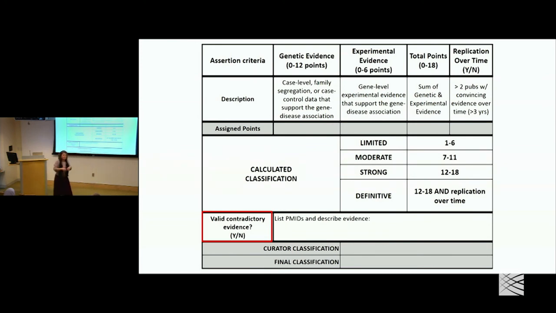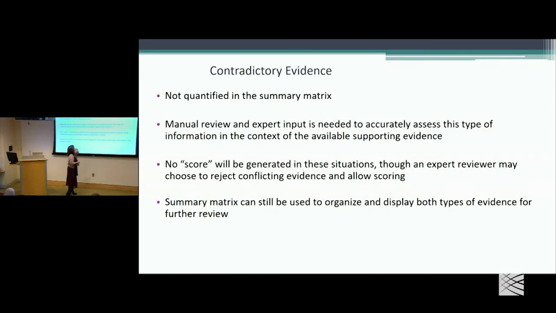But in other examples, you may just refute one variant, and the rest of the story is fine. So that's how we go about it. We don't score it. We let the experts review that conflicting evidence, and they may decide it's okay, just going to ignore that piece, go ahead and score, or no, we're not going to score this. We're going to describe, give the category, and say why we think it's conflicting, disputed, refuted.